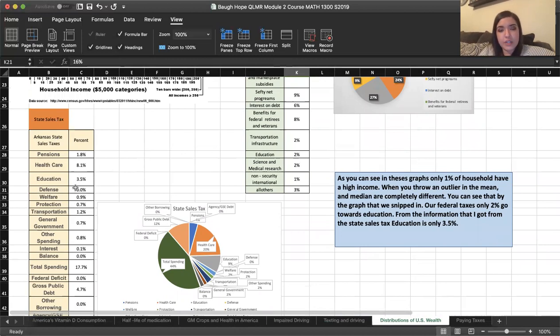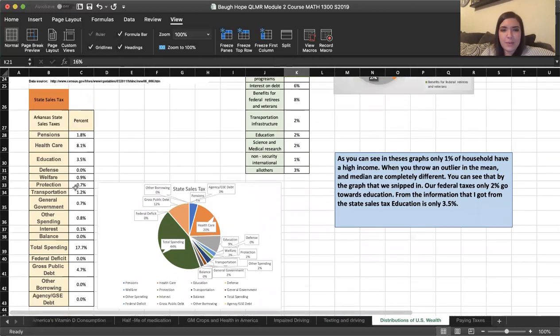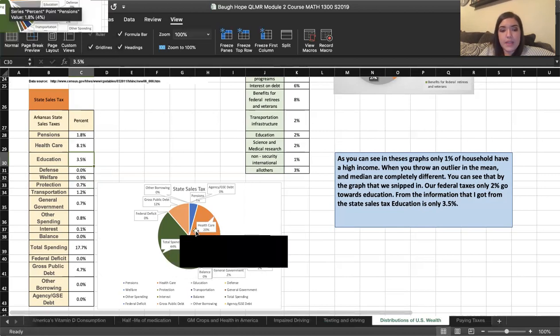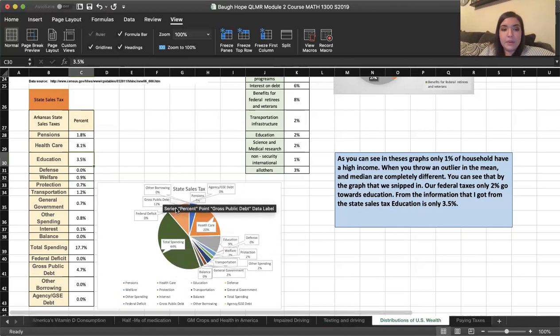And I do think there needs to be more going towards education. But I tried my best to get an accurate graph on this, so you can see here, this equals up. Total spending was the most over here, and then it went to healthcare, and then public debt.